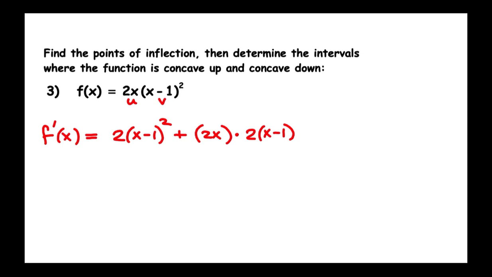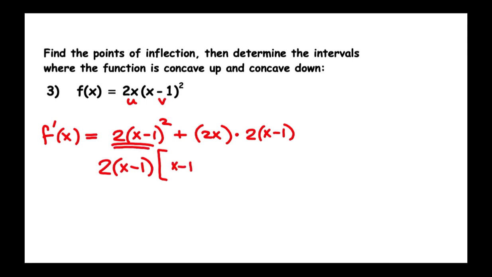Second derivative is going to have more chain rules. I don't know if we really want to do that. Let's go ahead and factor. Let's take out a 2 and an x minus 1. That's going to leave me with just an x minus 1 off of this.